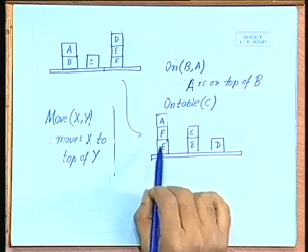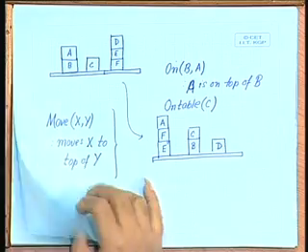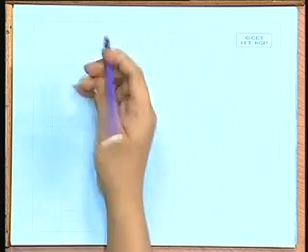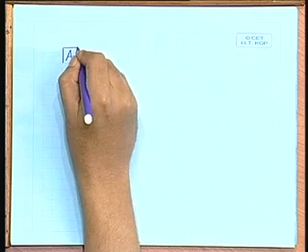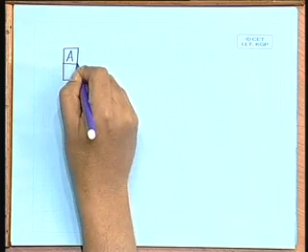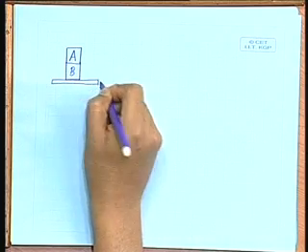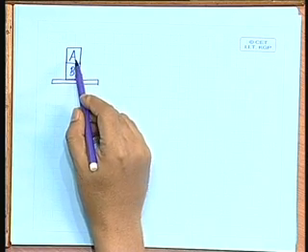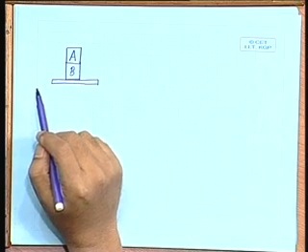Now, let us see how we can model this Blocks World problem as a SAT problem. To examine this, I will start with one example where this is the initial state, and finally I will require that A is on the table and B is on top of A. Okay, that will be my goal.